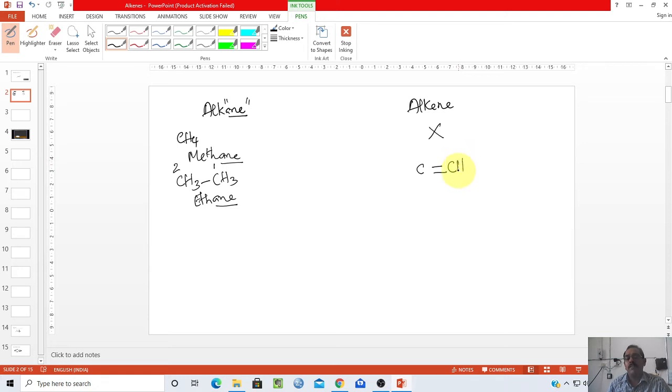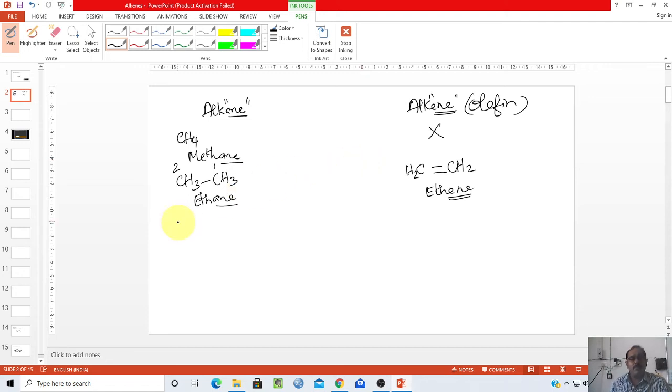We will have the structure like this. This is the first member in the alkene series, and in IUPAC we call it ethene. See the suffix: in the case of alkane it is ane, in the case of alkene it is ene. The other name is olefin. So alkenes are also called olefins.